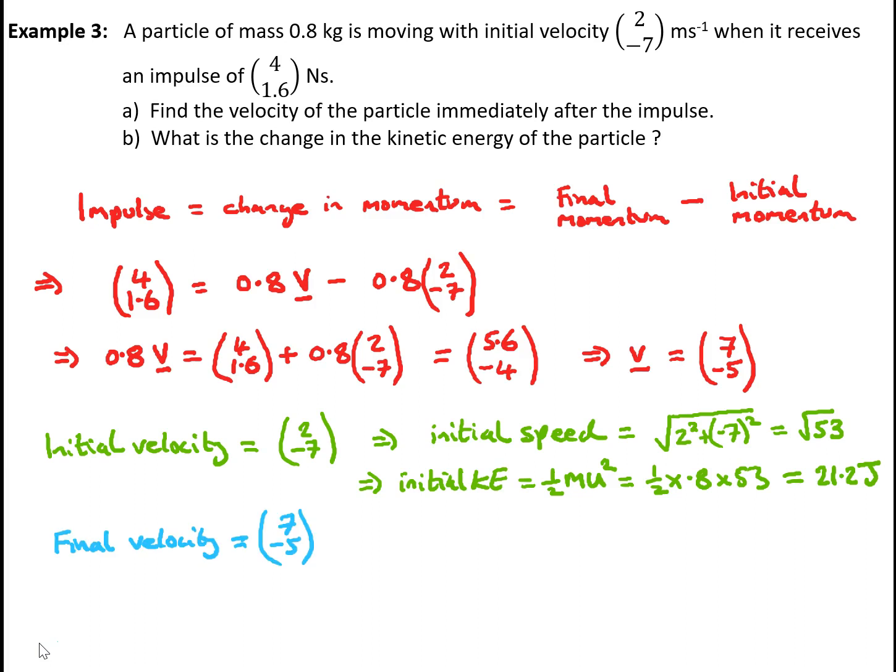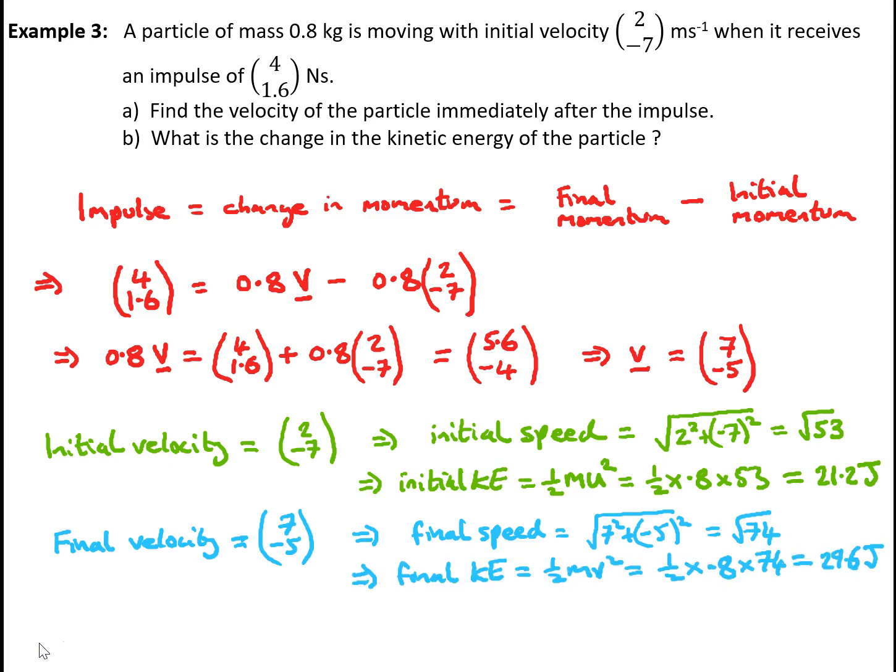The final velocity was 7 minus 5, which means that the final speed is the square root of 7 squared plus minus 5 squared, which is the square root of 74. So the final kinetic energy is going to be a half times 0.8 times the final speed squared, which is 74.